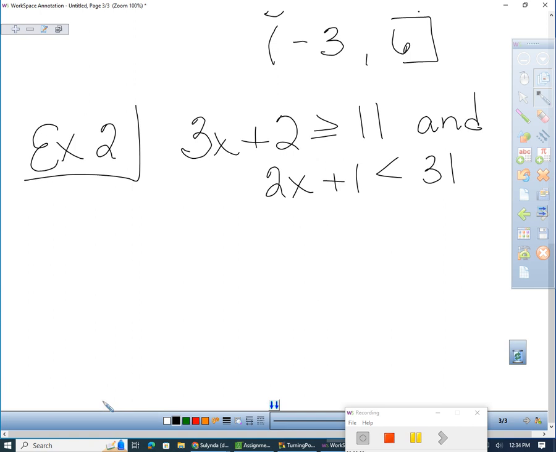So again, we see the word and in the middle, which means what is it going to do on the graph? It's going to sandwich, exactly. So all my solutions should sandwich, my graph should sandwich, everything is there.